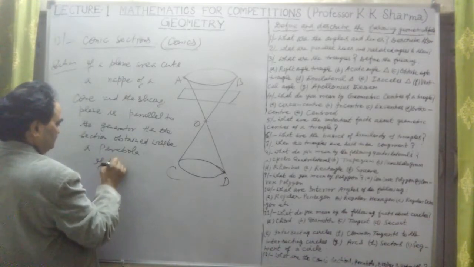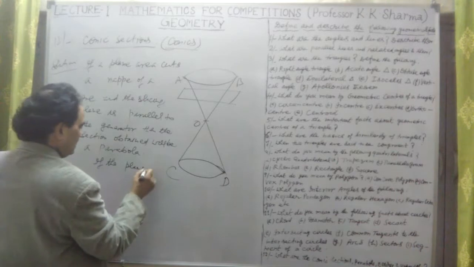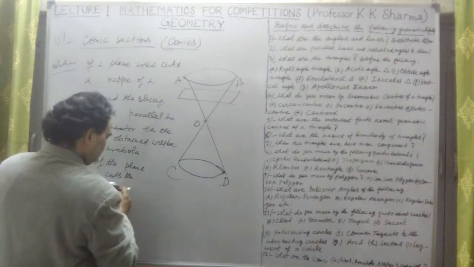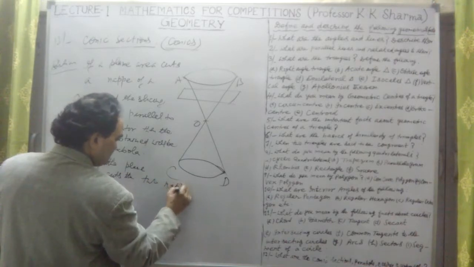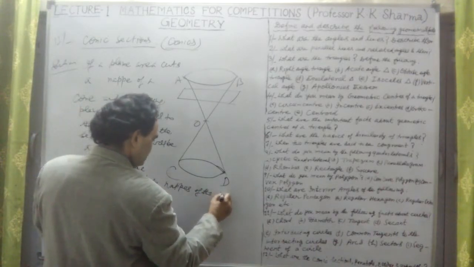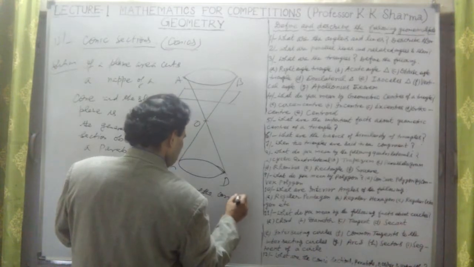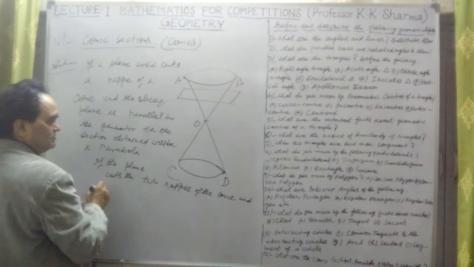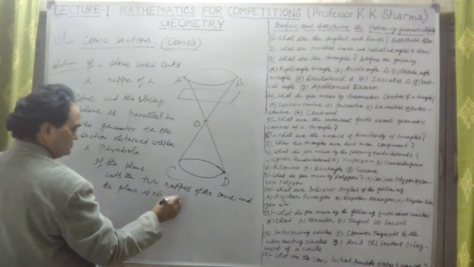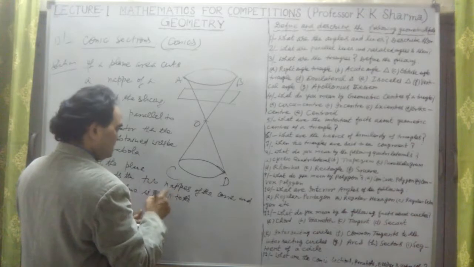If the plane cuts the two nappes of the cone, and the plane is not parallel to the generator, then it is a hyperbola.